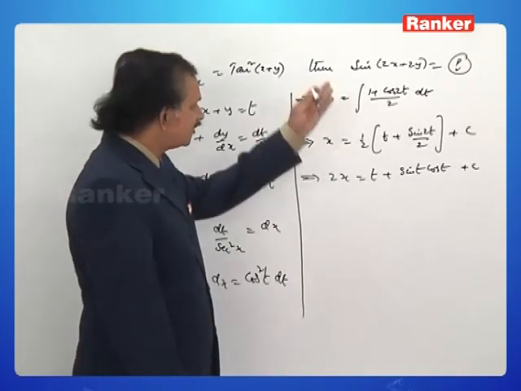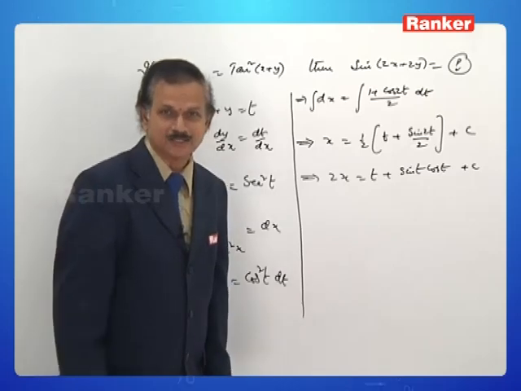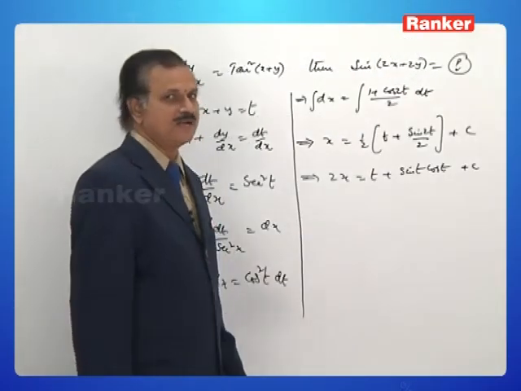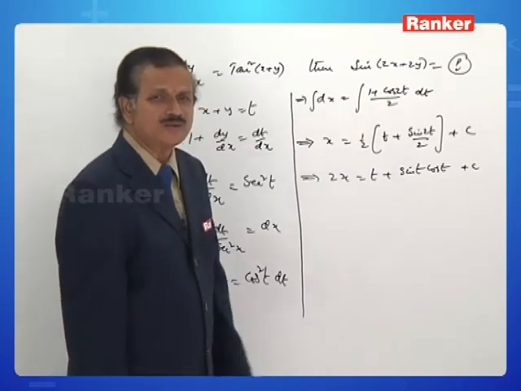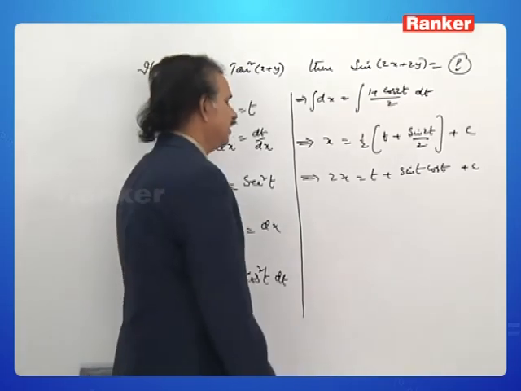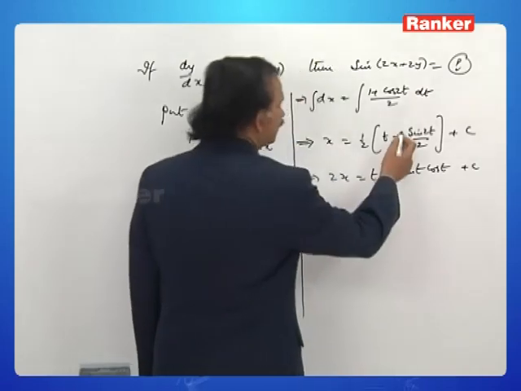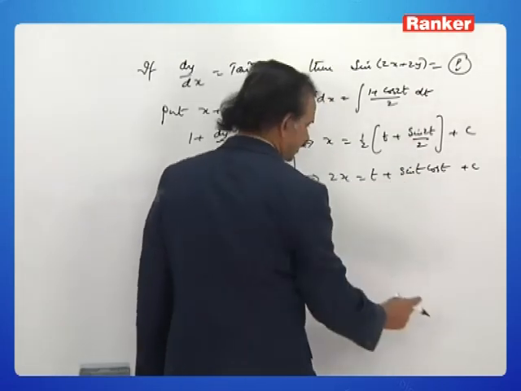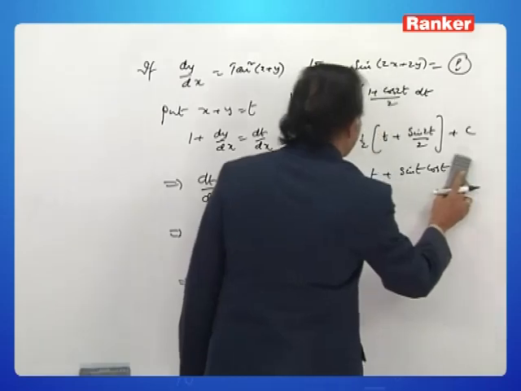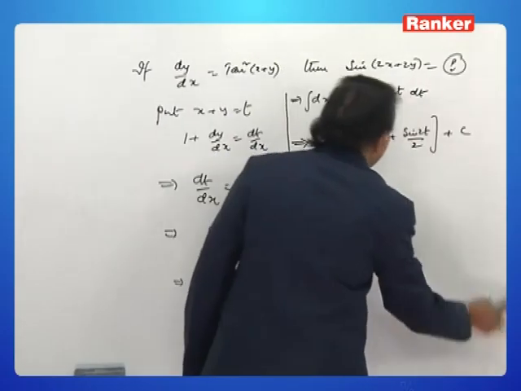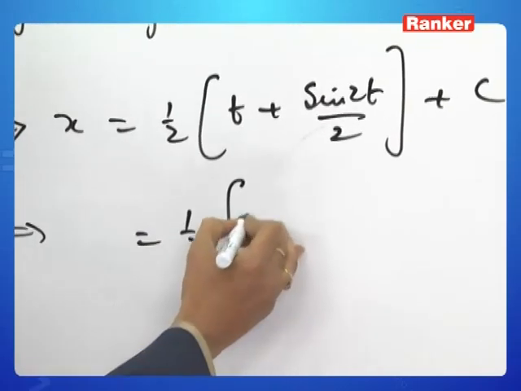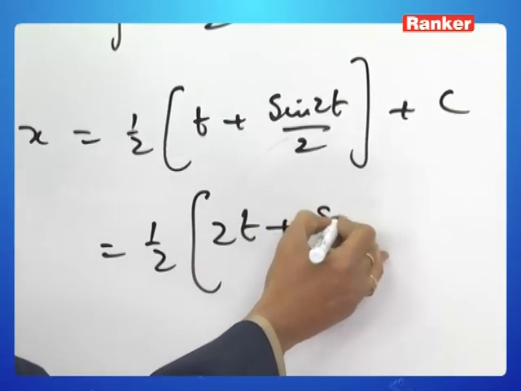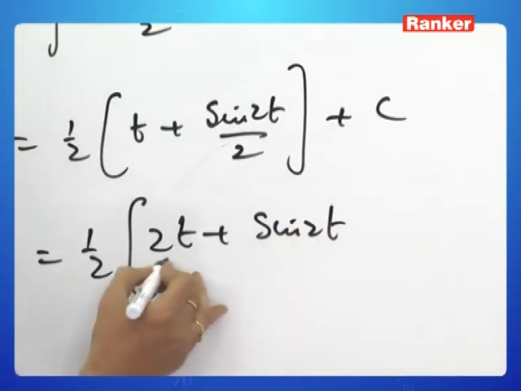What is the requirement? Sine of (2x plus 2y) is required. What does sine of (2x plus 2y) mean? Is it not sine 2t? Of course, it is sine 2t. x is equal to half into (2t plus sine 2t) by 2.